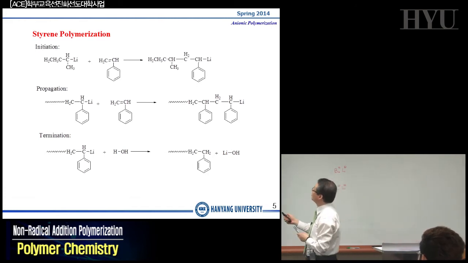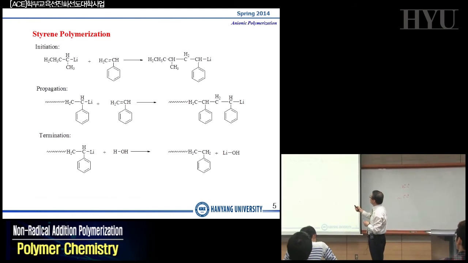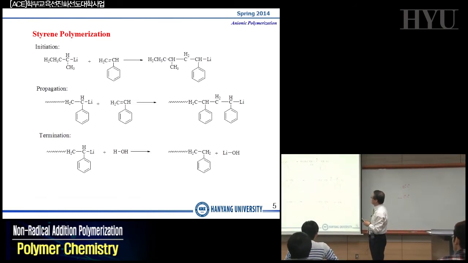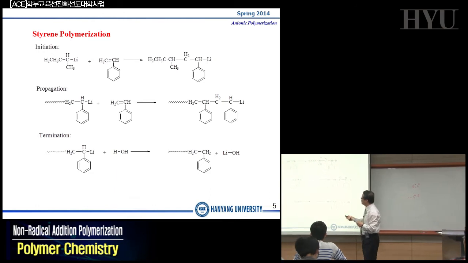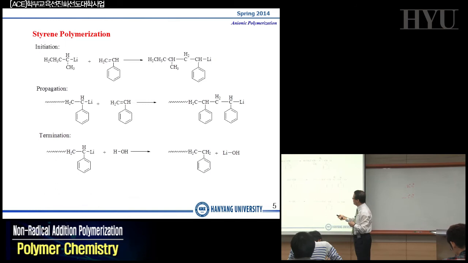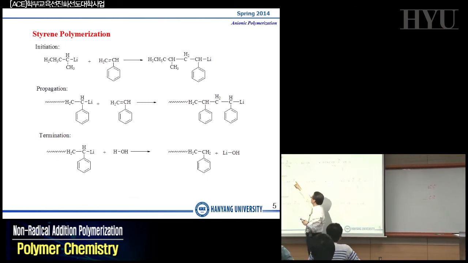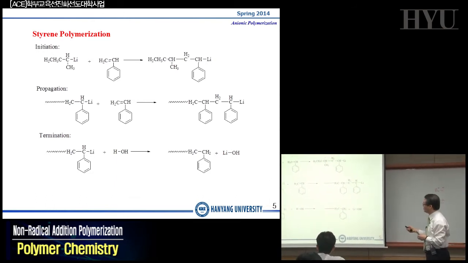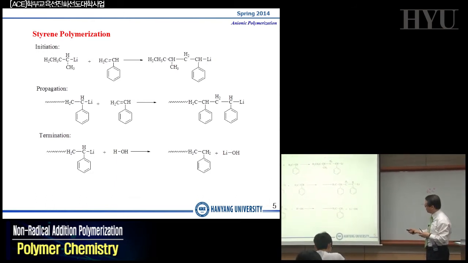And here too, you should have a negative and positive charge instead of these covalent bonds. You should have a minus charge here, and so on. And finally, you have a terminated species.